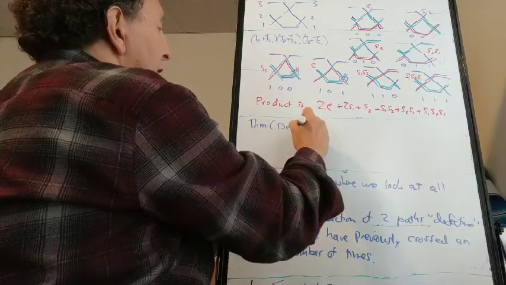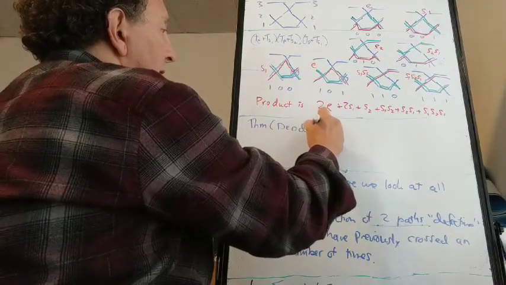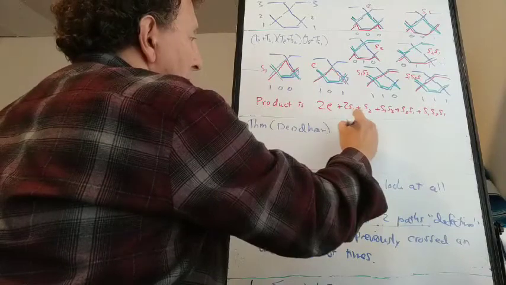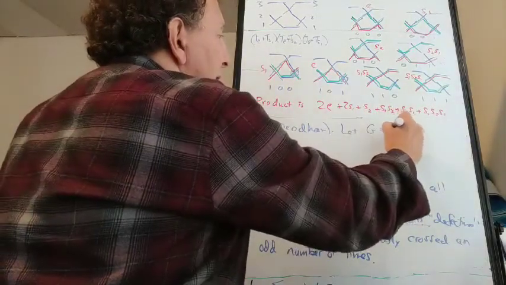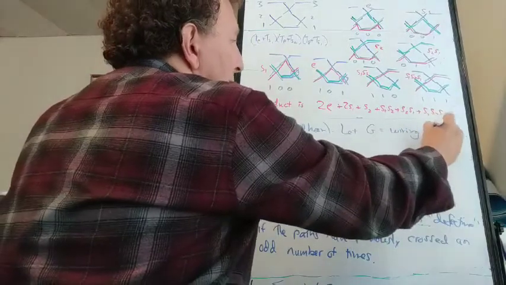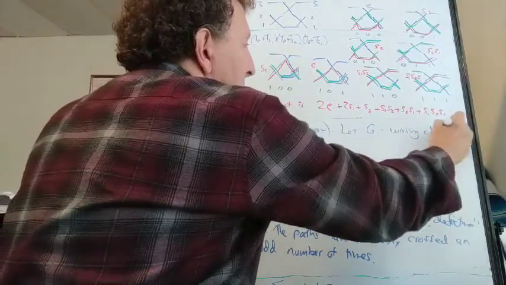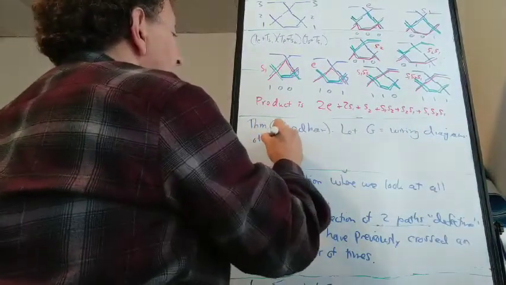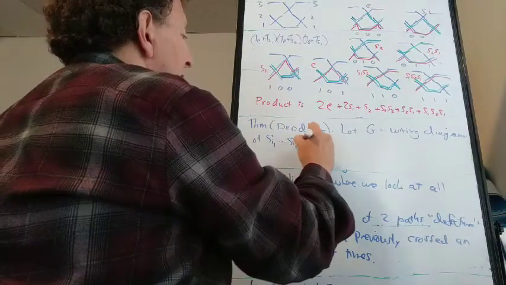This theorem is due to Deodhar. So let's let G be the wiring diagram of S_i1 through S_ir.